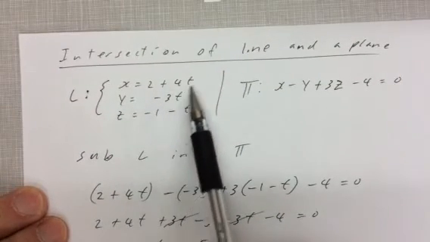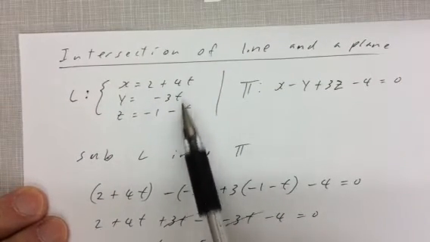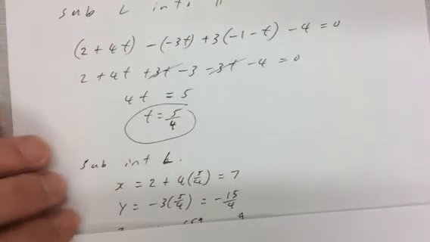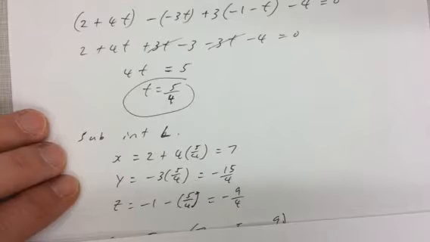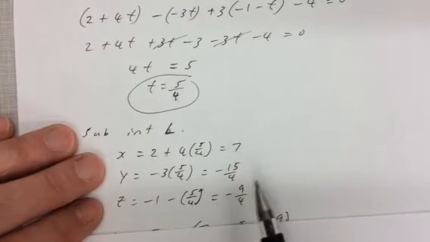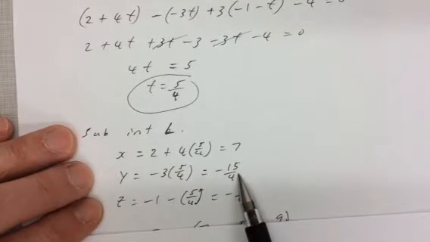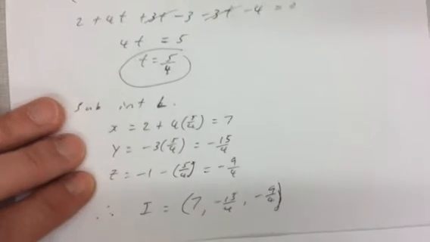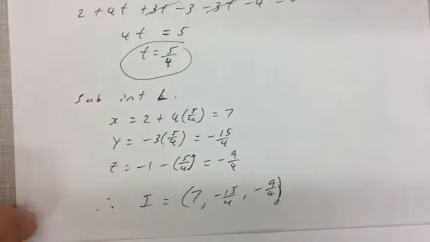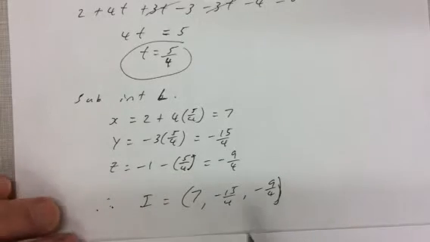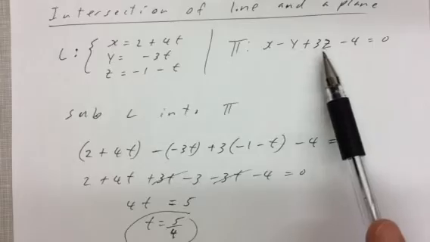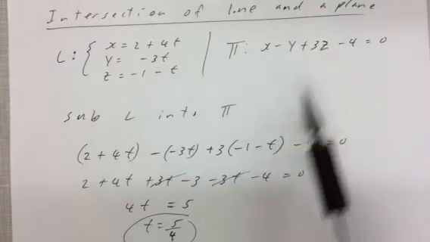We have a specific value for t, so we can sub it in, and we get the values 7 for x, negative 15/4 for y, and negative 9/4 for z, and that's going to be our point of intersection. Again, you can check this by subbing in these values for x, y, and z in the equation of the plane to make sure that it equals 0.